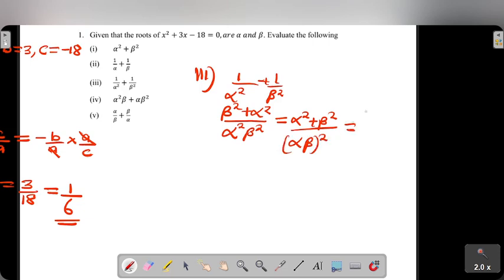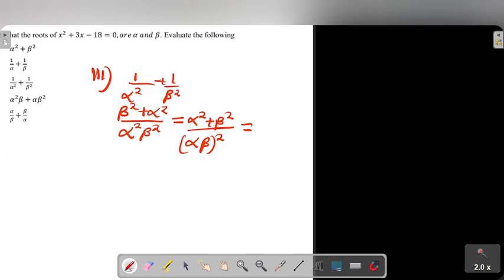Then from here now, we know the property for alpha squared plus beta squared. That is alpha plus beta, all squared, minus 2 alpha beta. Then here we're going to divide by alpha beta, that is c over a, and this is squared. So now we just have to substitute.